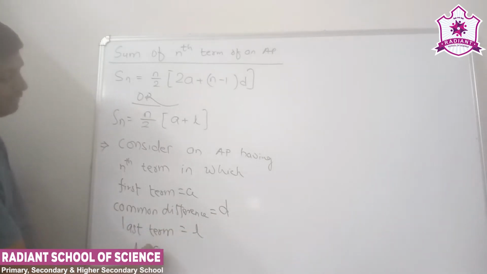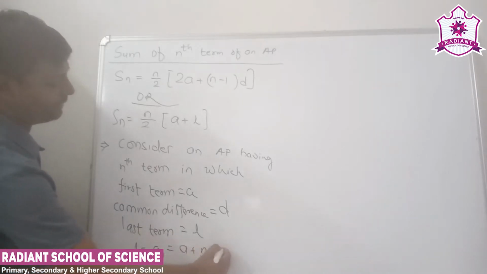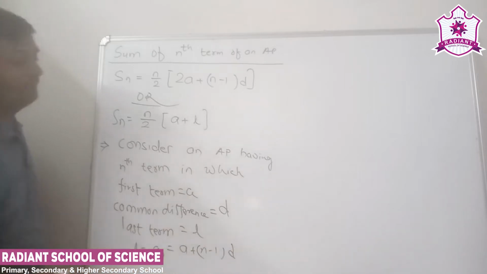So l is equal to an also, with the formula a plus (n minus 1) into d.